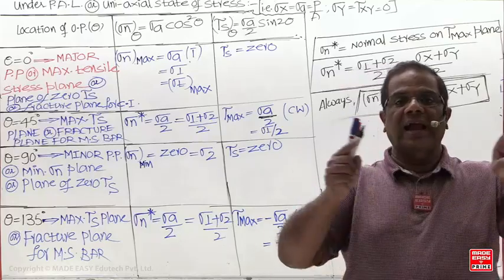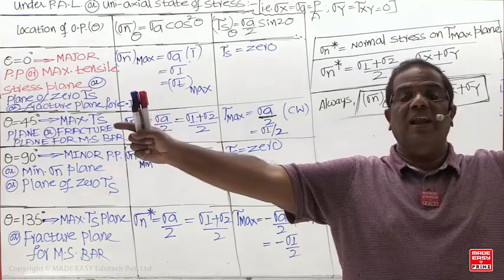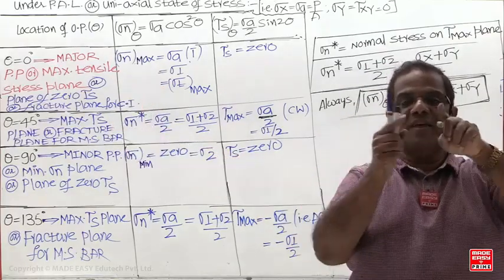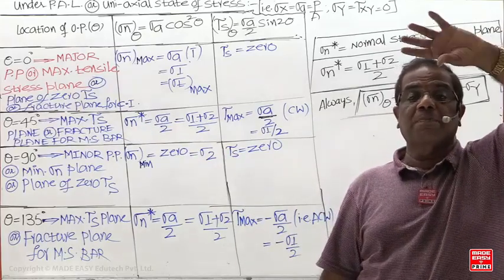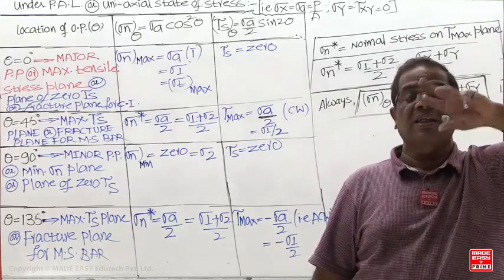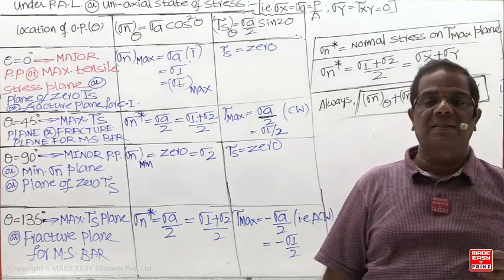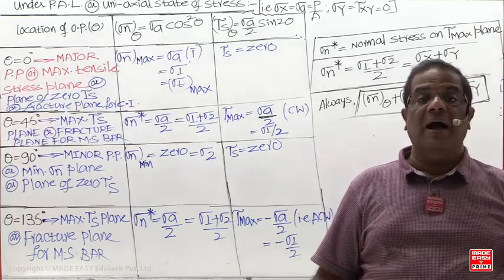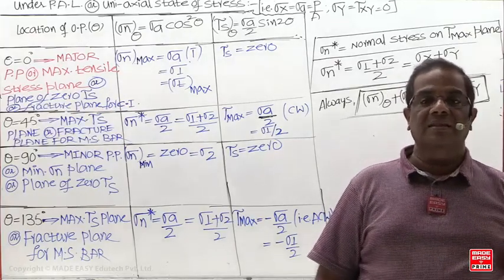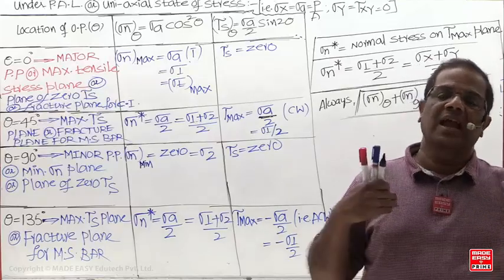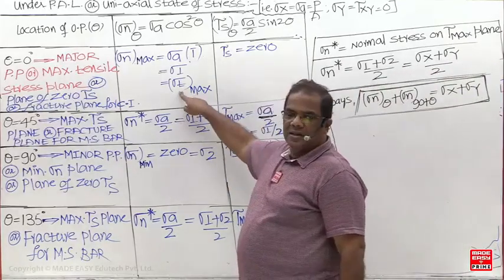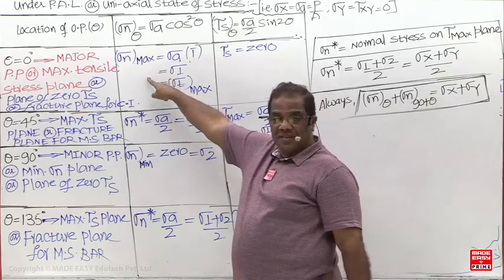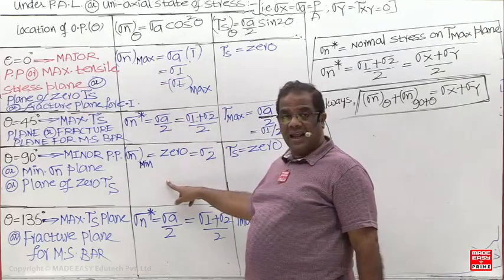In the uniaxial case, what is the sigma x value? Sigma A. On the x face, what is the normal stress? Sigma A. Y face, 0. So what is sigma x plus sigma y? Sigma A. Sigma x is sigma A, sigma y is 0. So you take any two perpendicular planes, the normal stress at an angle of 0 and at an angle of 90 degrees.